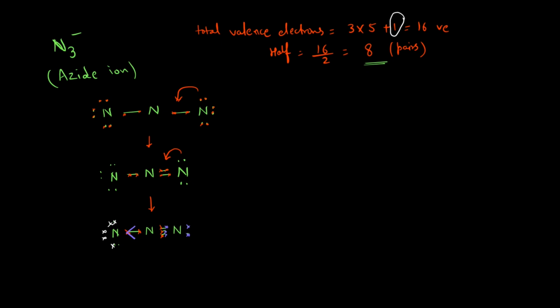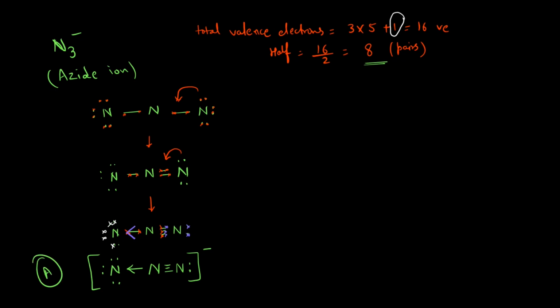Let me draw it nicely here: N triple bond N, with a lone pair here, a dative bond here, and three lone pairs here. The negative charge is on this nitrogen because of that extra electron, so we put the negative charge on the whole molecule. I call this my A structure.